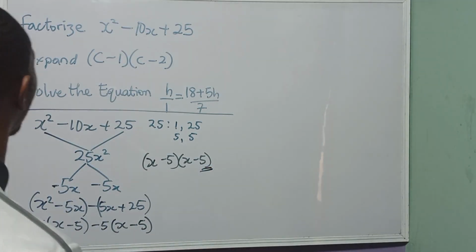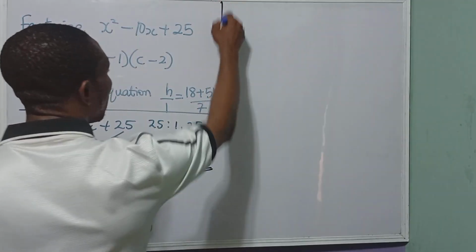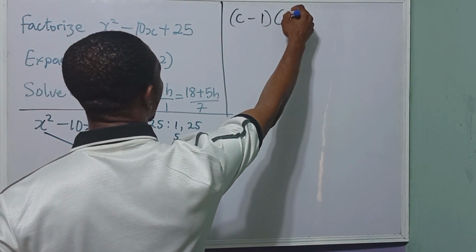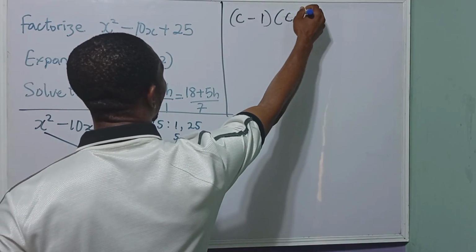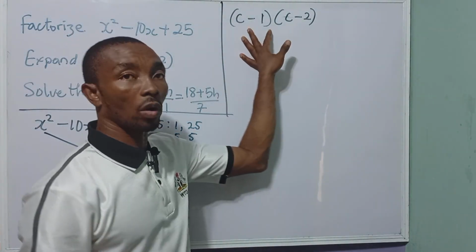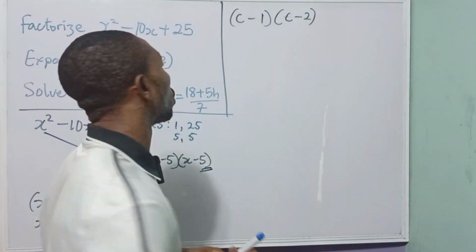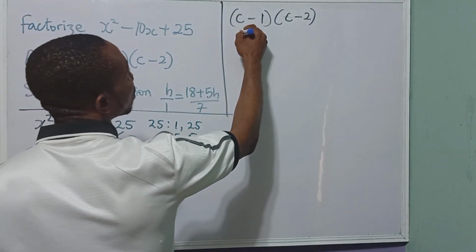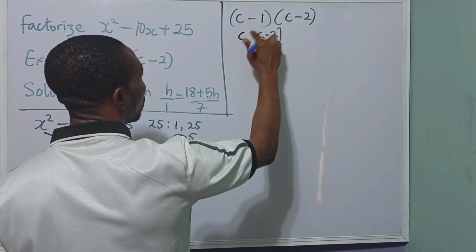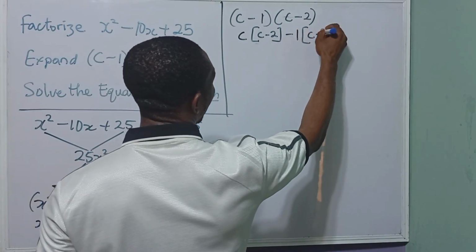Now to the next one, it says expand c minus 1 and c minus 2. For us to expand this, we will use what's in one of these brackets and open up the other. So expanding this, we have c bracket c minus 2, minus 1 bracket c minus 2.